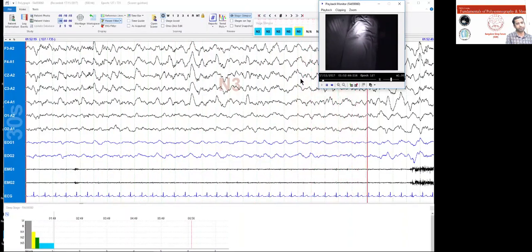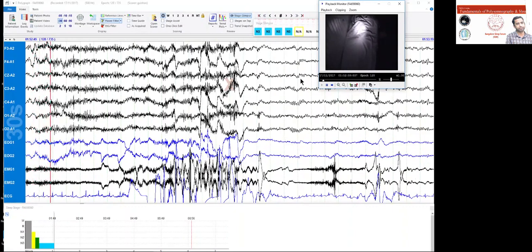Person sleeping with a blanket. Now you can see the movement in the video. So this is what is happening in the EEG at the time of body movement. The person turned and slept again. So this is how you can see behaviorally what happened in the polysomnography.